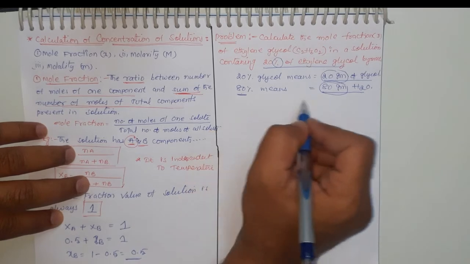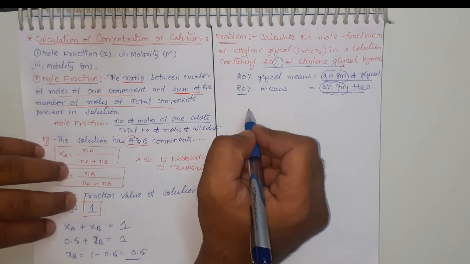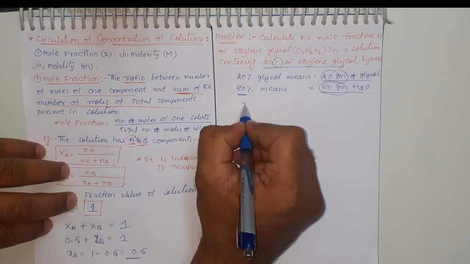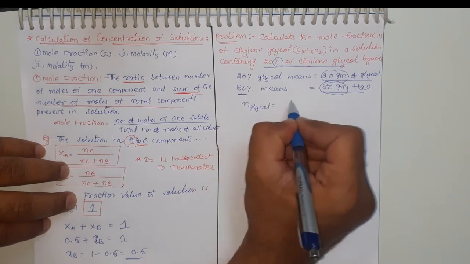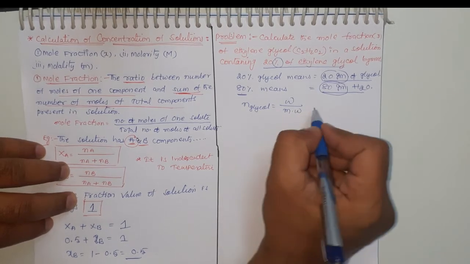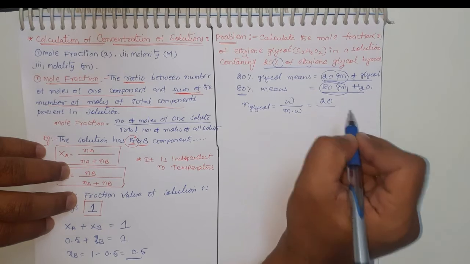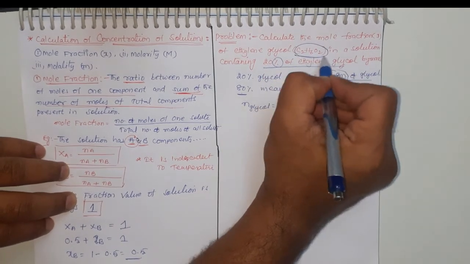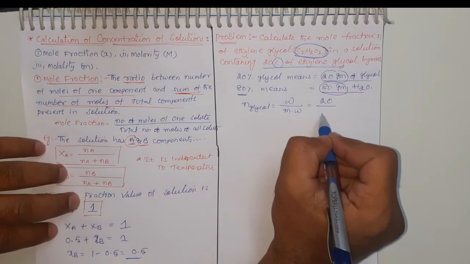Then we calculate the number of moles of glycol and H2O. How do we calculate number of moles? Number of moles of glycol is equal to weight of glycol by molecular weight of glycol. Weight of glycol is 20, molecular weight of C2H6O2, that is ethylene glycol, is 62.